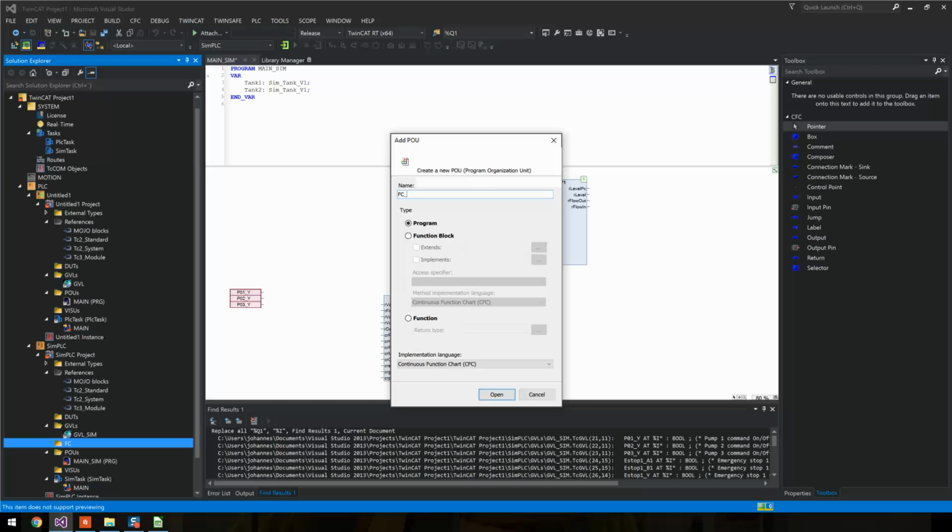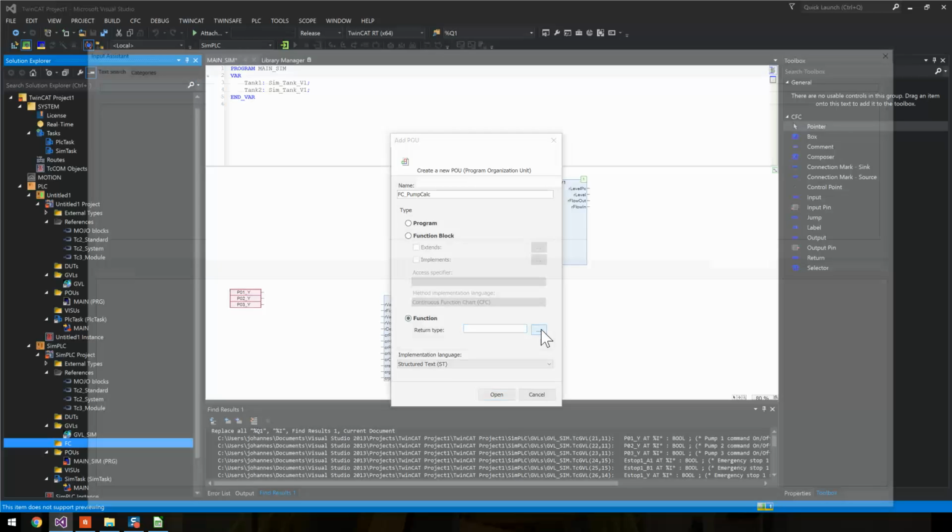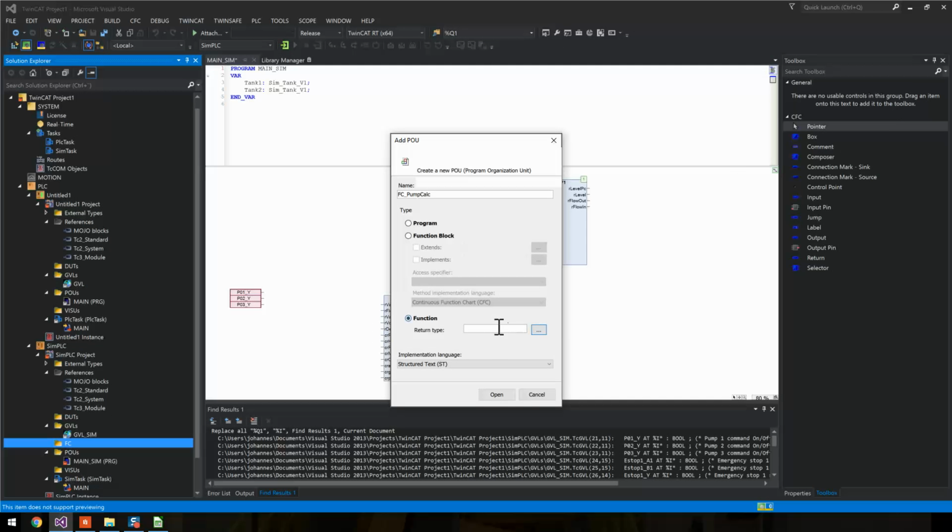Let's call that pump calc, and it's a function. Let's use text.